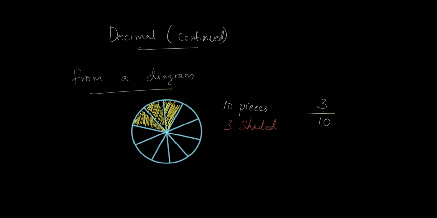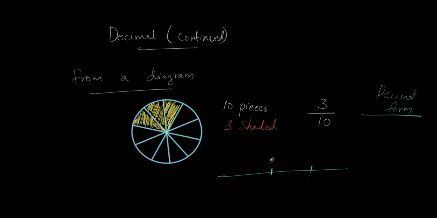And how will you write this in decimal form? We know that it's 3/10. What do you mean by 3/10? See, when it is the 10th, it is on the number line next to the decimal point.